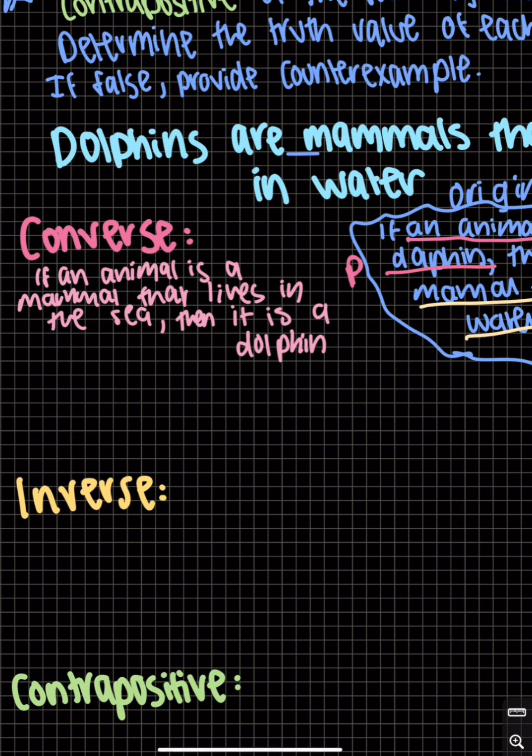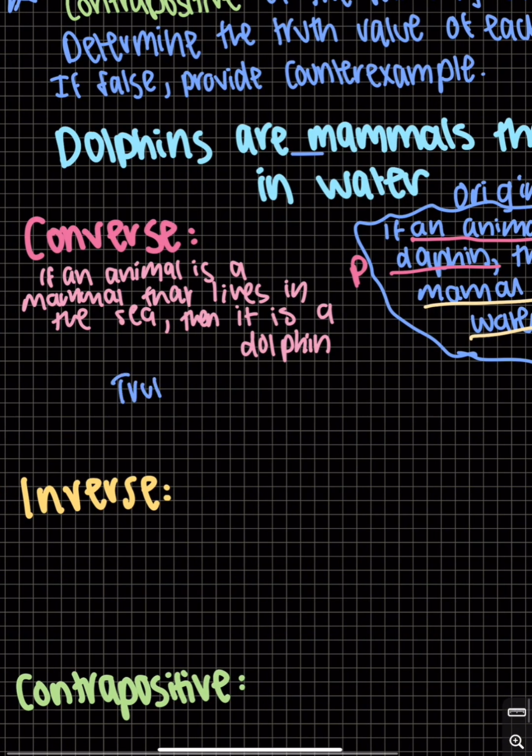So I'm going to write here, truth value. It is false, correct? Because we figured that out, and now it said give a counterexample.